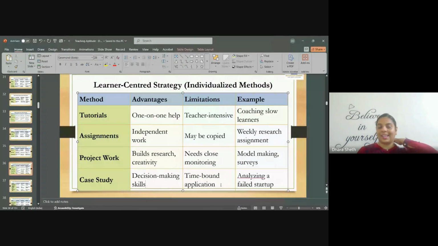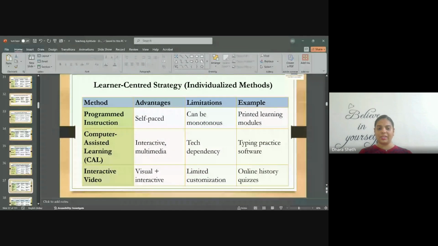Because at that level, you can take critical decisions, evaluate, create. These are the higher level cognitive functions that can be applied in those situations. So there's a startup which failed due to, if this was the situation, so why did it fail? What could have been done to not fail? And now what should be the next steps? So that way. 6 more strategies.